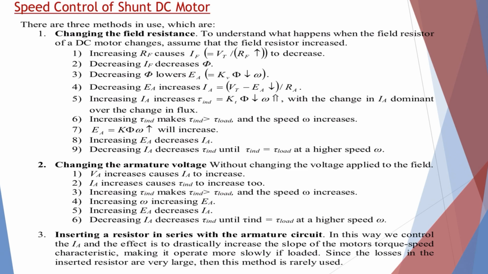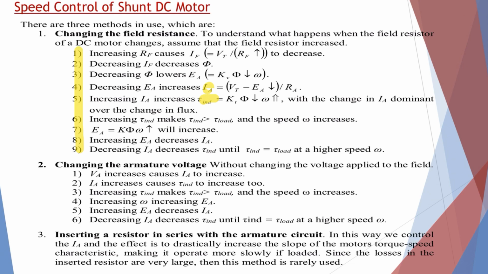To understand what happens when the field resistance of a DC motor changes, assume that the field resistance is increased. Guys, you can just follow the steps here. Increasing RF causes IF to decrease, decreasing the flux, lowering EA, increasing IA, increasing the induced torque. Then the induced torque becomes greater than the load torque, and the speed will increase.